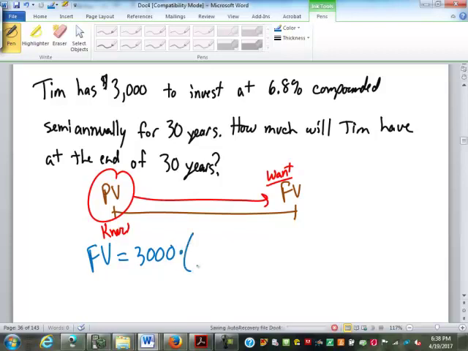Times 1 plus 0.068 divided by, careful, 2. Semi-annual is twice a year. You were thinking bi-monthly. To the power of, yeah, twice a year times 30 years is 60.